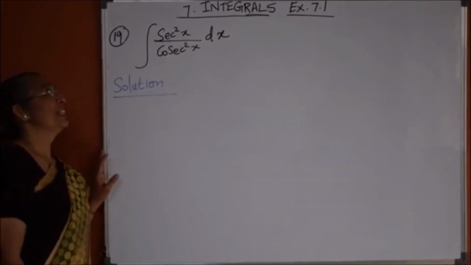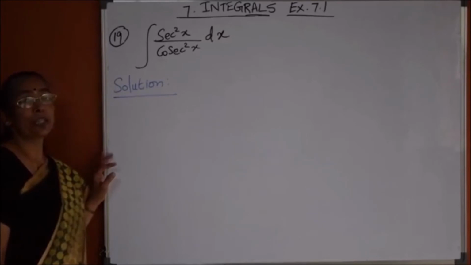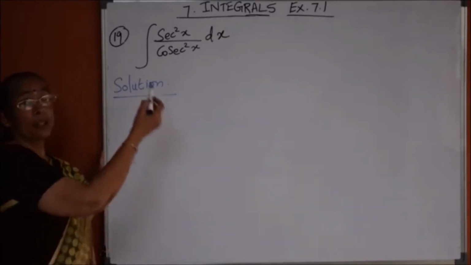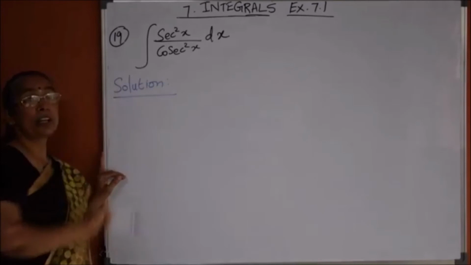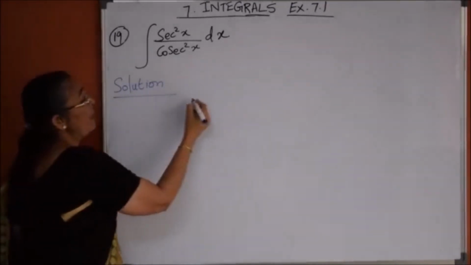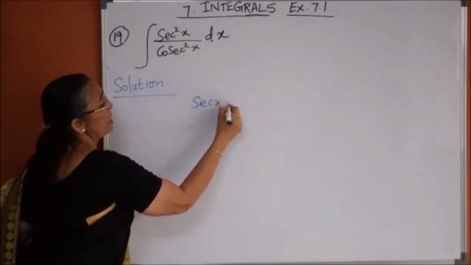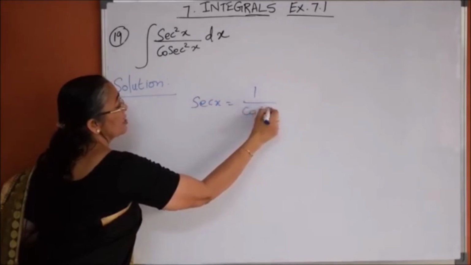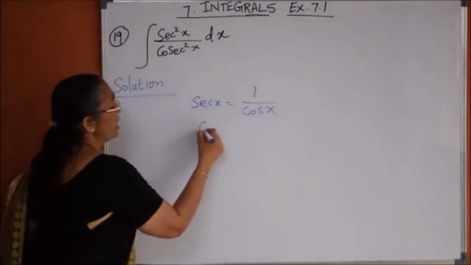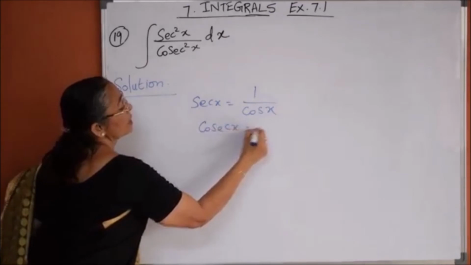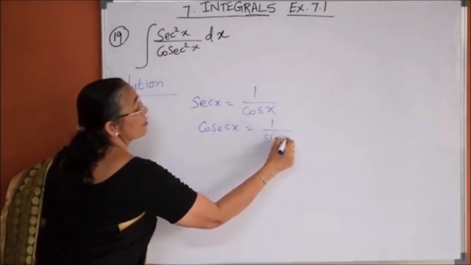Now the integration of secant square x by cosecant square x dx. First let us simplify this trigonometric function. You know very well secant x can be written as 1 by cos x and cosecant x is nothing but 1 by sin x.